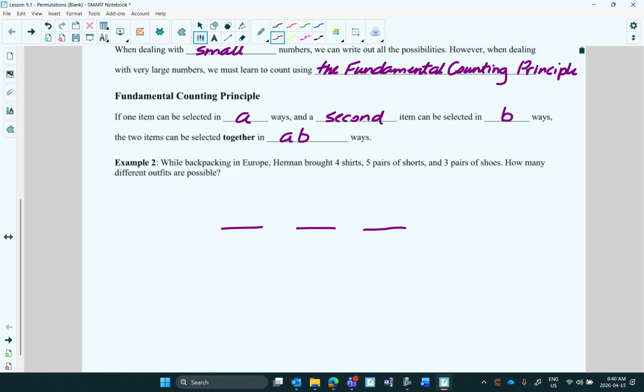And how many possible shirts? 4. How many possible shorts? 5. How many possible pairs of shoes? 3. And to find all 3 items, we multiply. And there are 60 possible combinations. 60 possible arrangements.